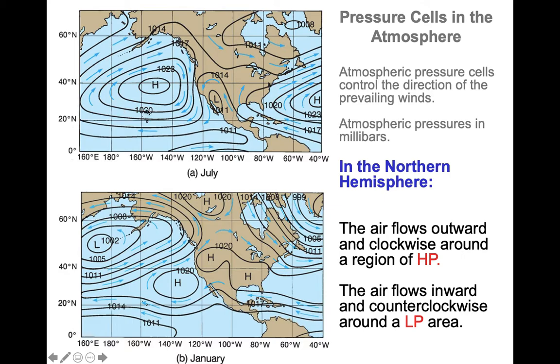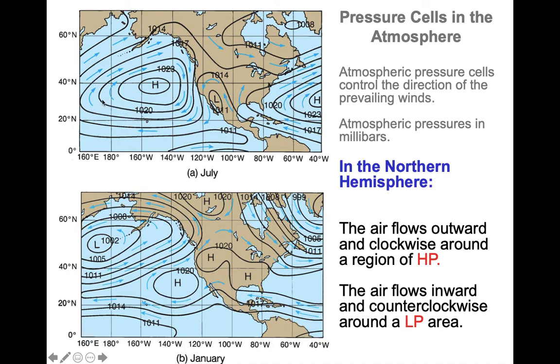In high pressure systems, air flows outwards and in a clockwise fashion. So you see the blue arrows around the high pressure system. These black lines show the atmospheric pressures in millibars.